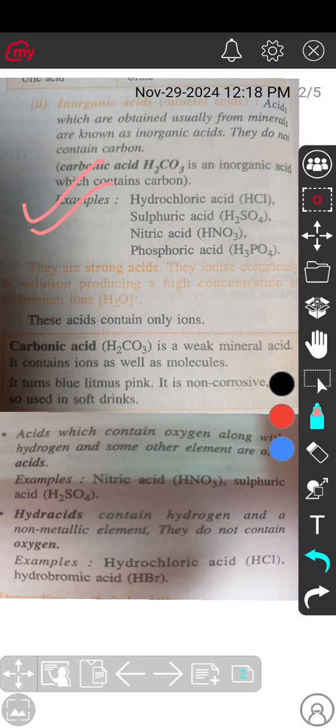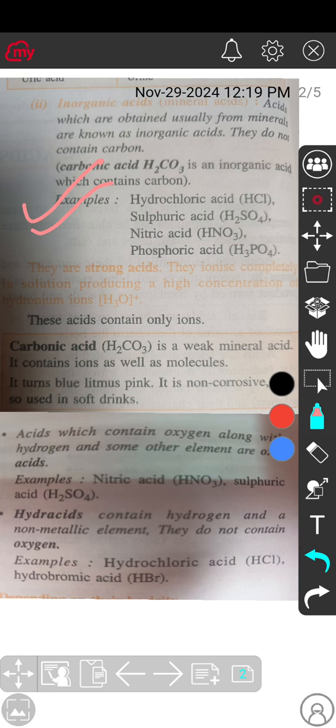The exception is carbonic acid, a weak mineral acid. Organic acids were weak acids, but here it's an exception. Carbonic acid is inorganic, but it is weak and it contains carbon. It contains ions as well as molecules.